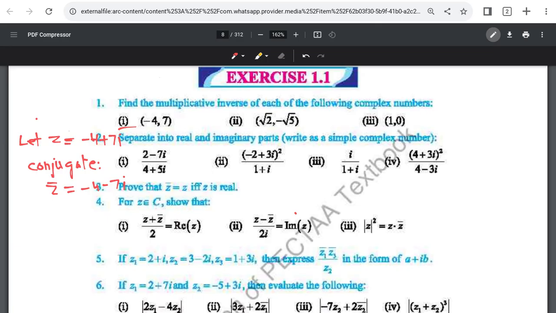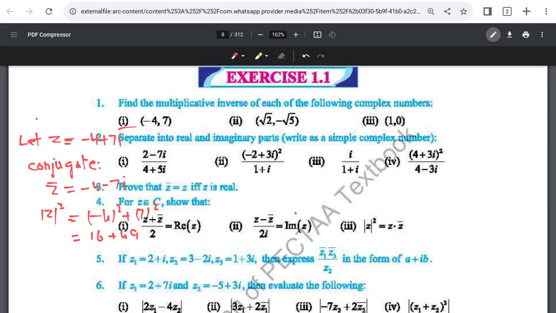So now we find the mod. z mod square is equal to minus 4 square plus 7 square. So 4 times 4 is 16 plus 7 times 7 is 49.